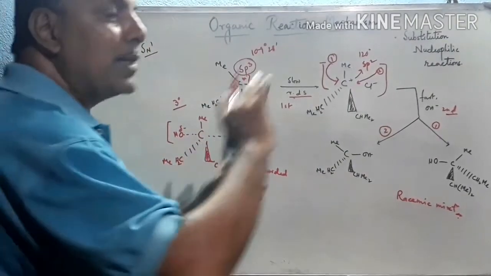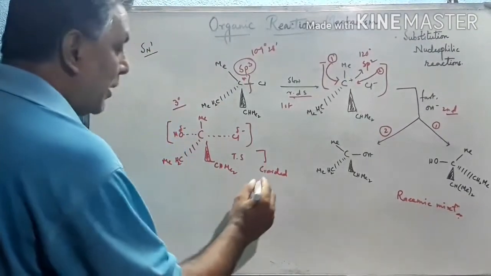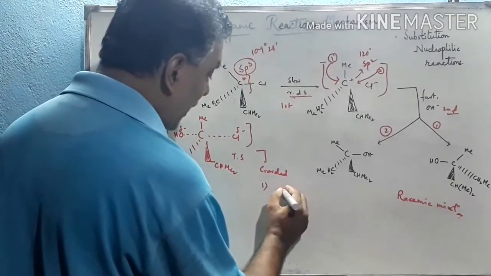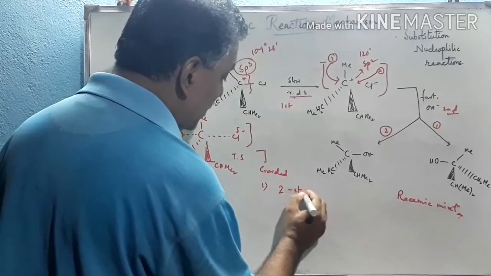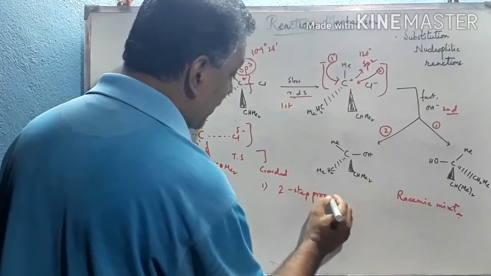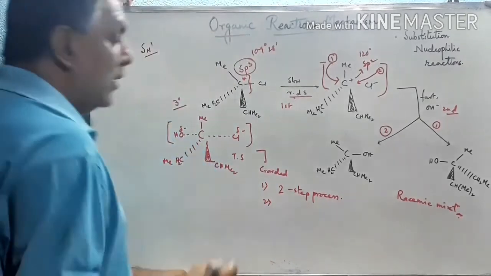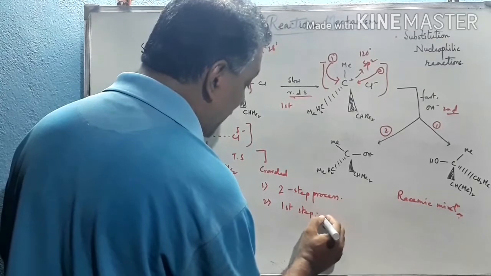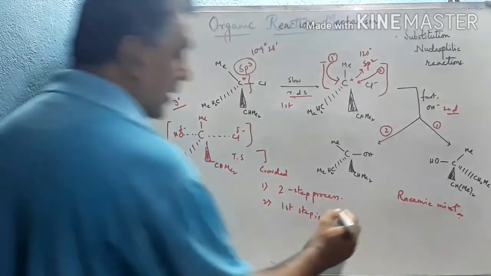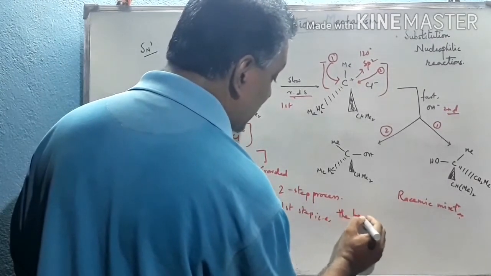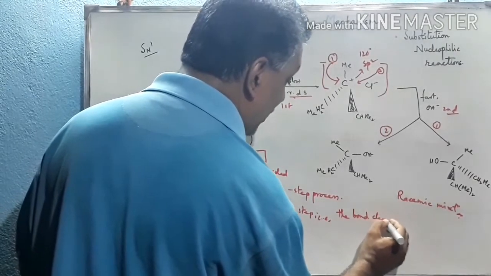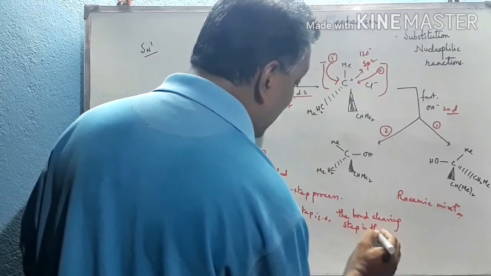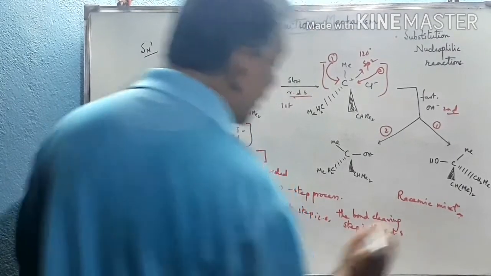In SN2 only inversion of configuration occurs generally. So these are the characteristics of the SN1 type reaction. Number 1, it is a 2-step process. Number 2, the first step, that means the bond dissociation or bond cleaving step, is the RDS, because this is the slowest step.